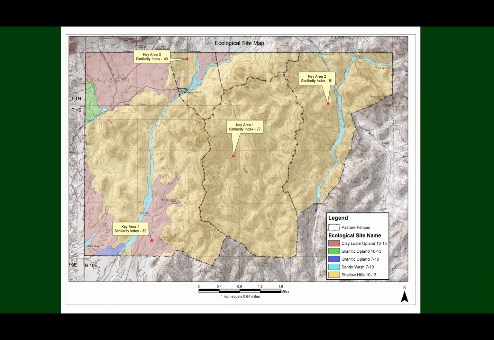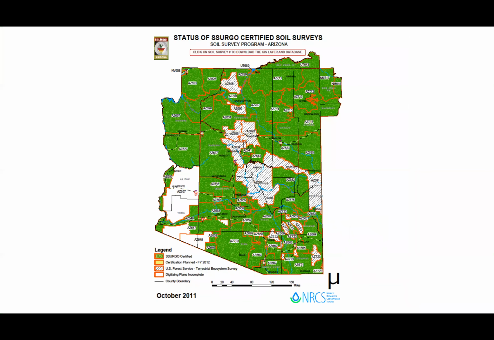Another way is to find the soil survey that covers your area. This is a map of all the soil surveys in Arizona as of 2011 in green. The white areas are not covered by soil surveys. Most of those are on national forest lands, which don't make the soil surveys readily available to the public.